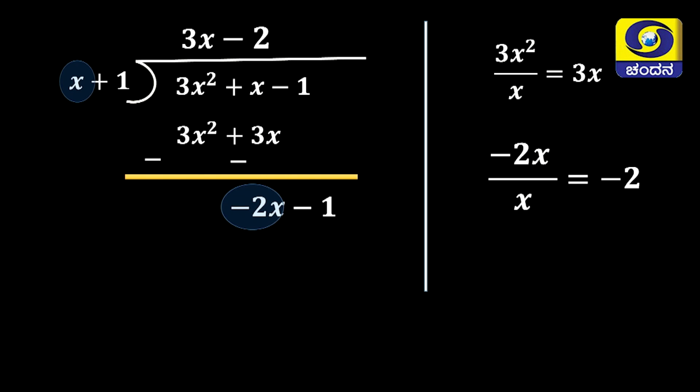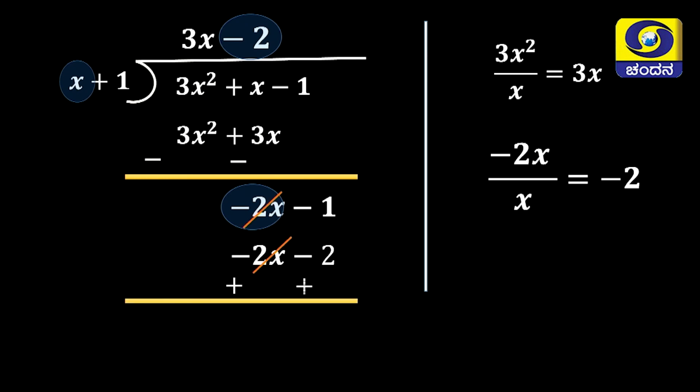Now we multiply minus 2 by x plus 1: minus 2 into x is minus 2x, and minus 2 into 1 is minus 2. Now we change the sign, minus into plus, plus into minus. Minus 2x plus 2x cancel each other, minus 1 plus 2 gives the answer 1 as the remainder.